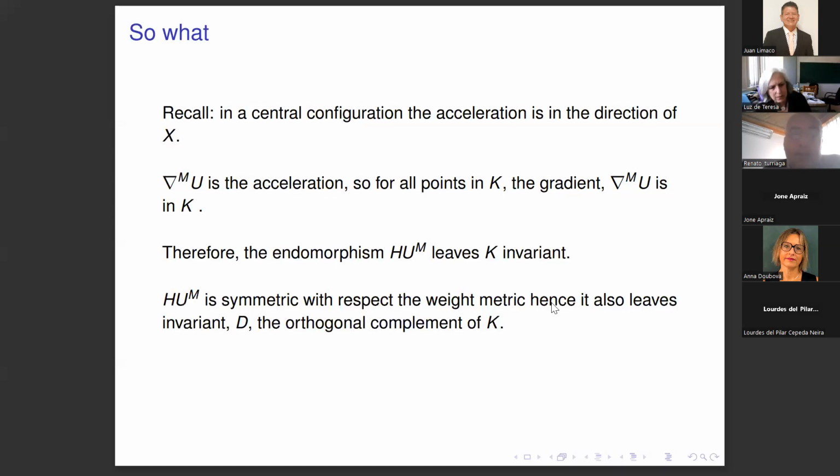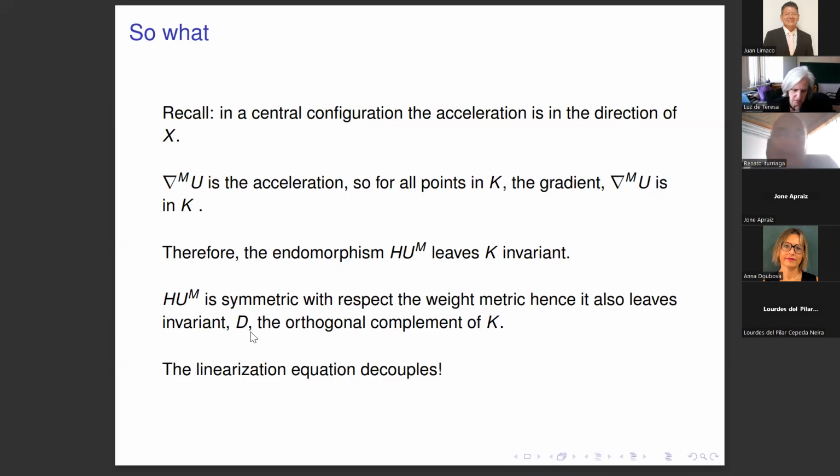And hence, since the Hessian is symmetric with respect to the weight metric, it also leaves invariant the orthogonal complement in the metric M of K. So the Hessian leaves invariant K and also the orthogonal complement T.